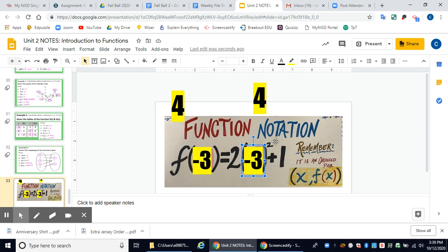Negative 3 squared is 9, so that means negative 3 times negative 3, so that's 9 times 2, which is 18, plus 1 is 19, okay? So you have x is negative 3, and then y would be 19.